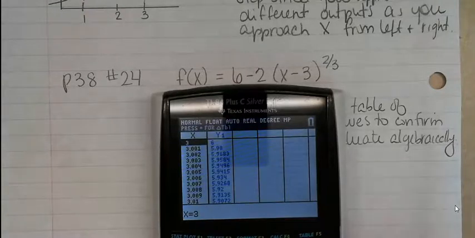So when I look at my table, I notice that as I come from the right of 3, so come from being bigger than 3, as I get closer and closer and closer to 3, it's approaching 6. Let's see if it's the same from the left side of 3. So as I come from the left side, looks to me like my outputs are getting closer and closer and closer to 6 as well.